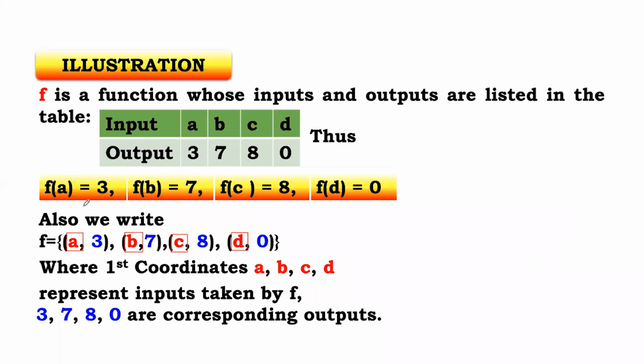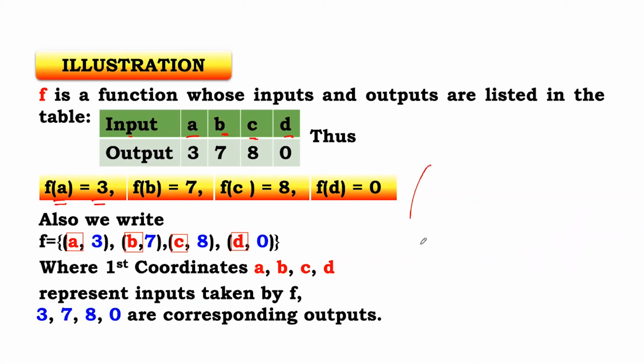Now, one example again for you. F is a function, the input is given as A, B, C, and D, right? When we put A, f of A gives you 3. For B, 7, for C, 8, and f of D is 0.